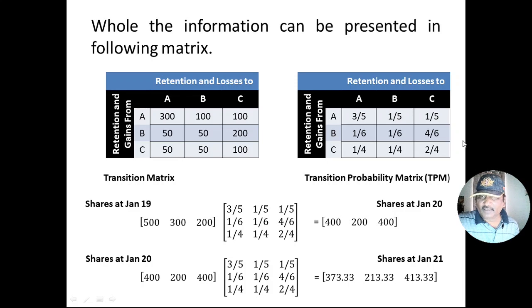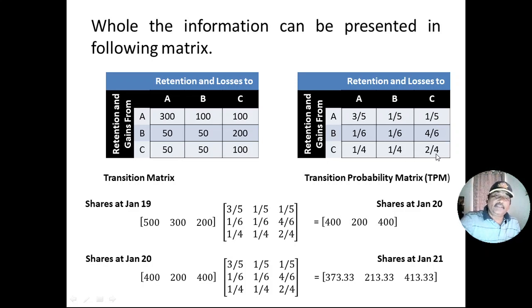Intentionally the denominator is kept the same, like here 3 by 5, 1 by 5, 1 by 5. That's not much mandatory, but one thing will click to you, that the sum of all the probabilities in the row is 1. 3 by 5 plus 1 by 5 plus 1 by 5, that is 5 by 5, 1. Likewise here the sum is 1, likewise here also the sum is 1.